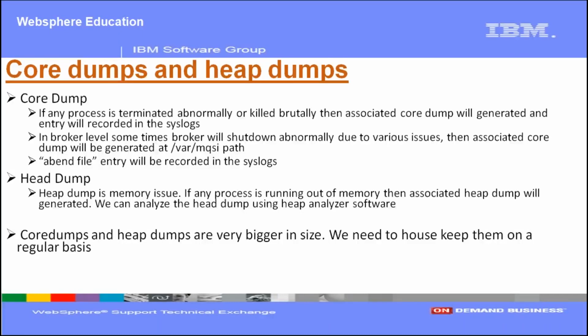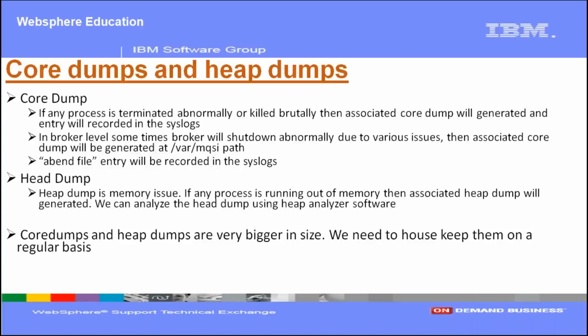Okay, so let me answer. A core dump is generated whenever a broker process is abnormally terminated. If the broker process is not terminated abnormally, then we don't have the question of core dumps. Core dumps won't be generated because your broker is up and running fine for a long time. There is no abnormal termination of your broker, so a core dump is not going to be generated.